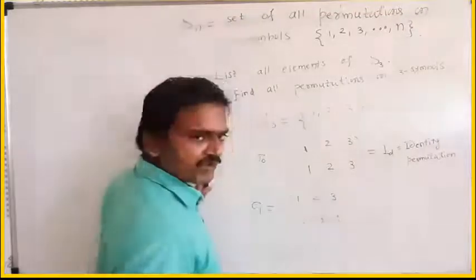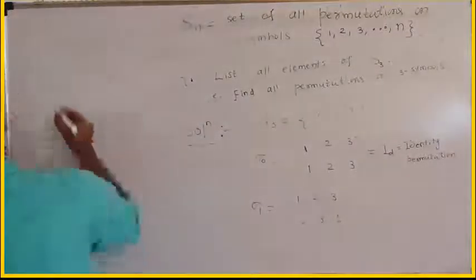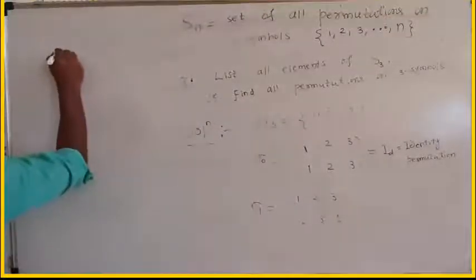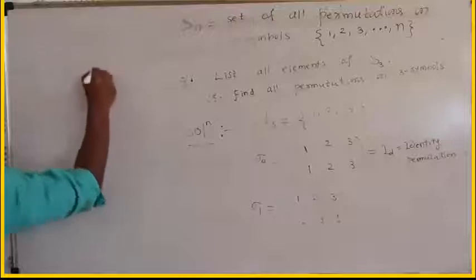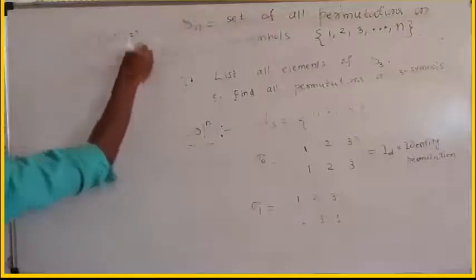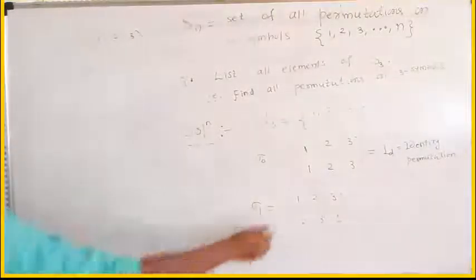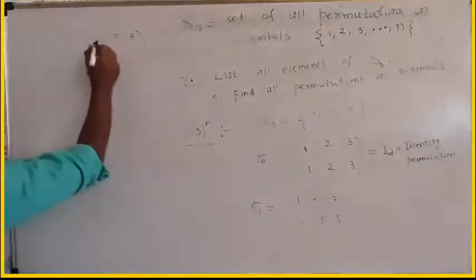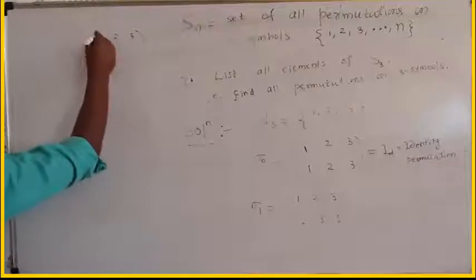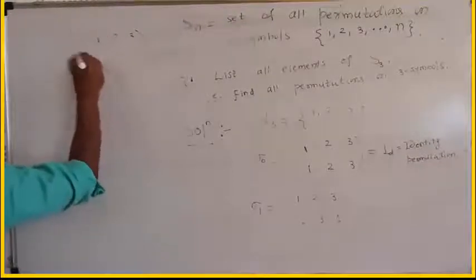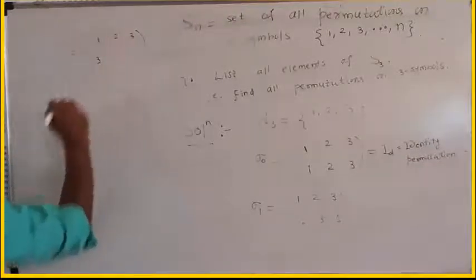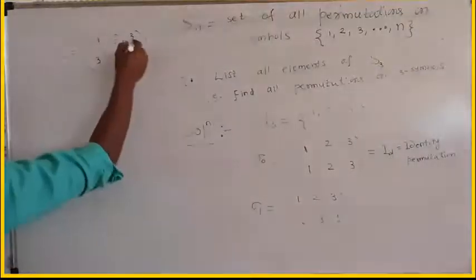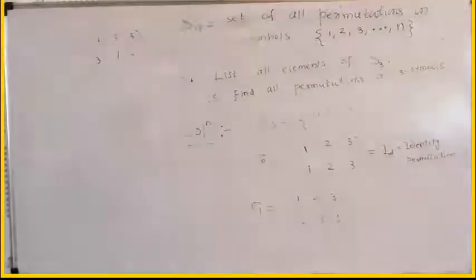Sigma 2: take the image of 1 as 3, image of 2 as 1 and image of 3 as 2.